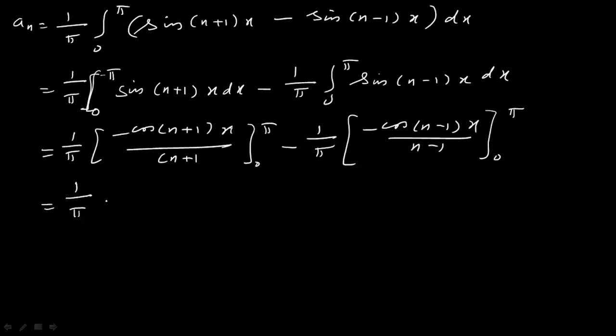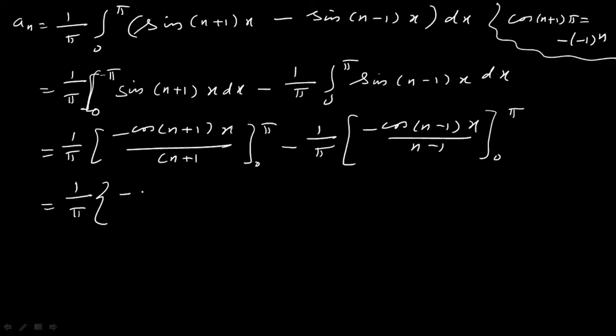Now, let me substitute the limits. So, as I told you already, minus cos (n plus 1)pi. Cos (n plus 1)pi value is minus of... So here we have minus cos (n plus 1)pi. What is the value of cos (n plus 1)pi? That is equal to minus of (minus 1) whole power n, isn't it? So we make use of that.